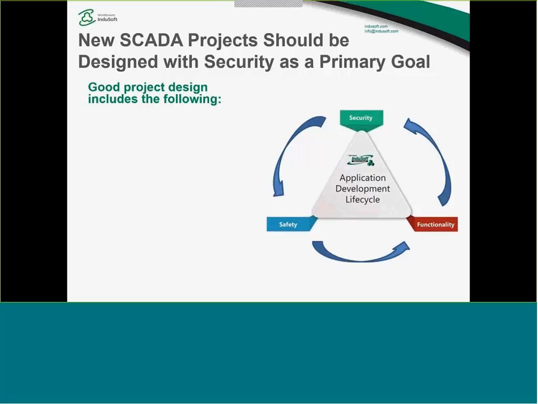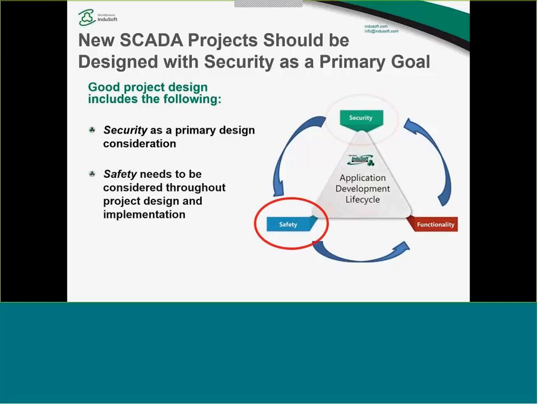We call this philosophy the application development life cycle, as shown here. All new projects should be designed with security as a primary goal or consideration. The security goal is then followed by safety as a design goal. Applications and machines should be operated and controlled safely and predictably when implementation is complete.